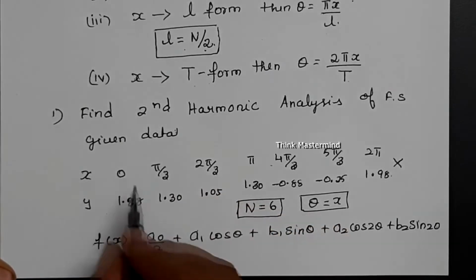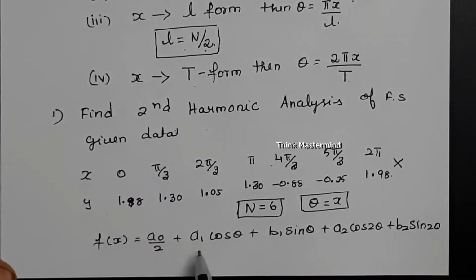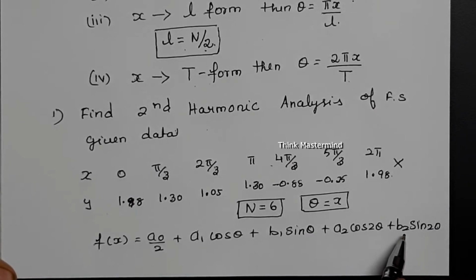So here it asks for the second order harmonic, so that's why I am finding up to second order harmonic, a2 and b2.